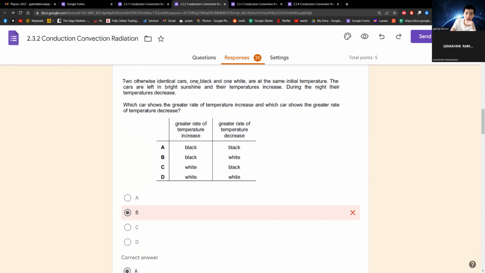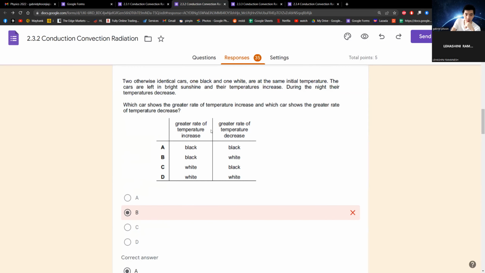Two otherwise identical cars, one black and one white, are at the same initial temperature. The cars are left in the bright sunlight and their temperature increases. During the night, the temperature decreases. Which car shows the greater rate of temperature increase and which car shows the greater rate of temperature decrease?